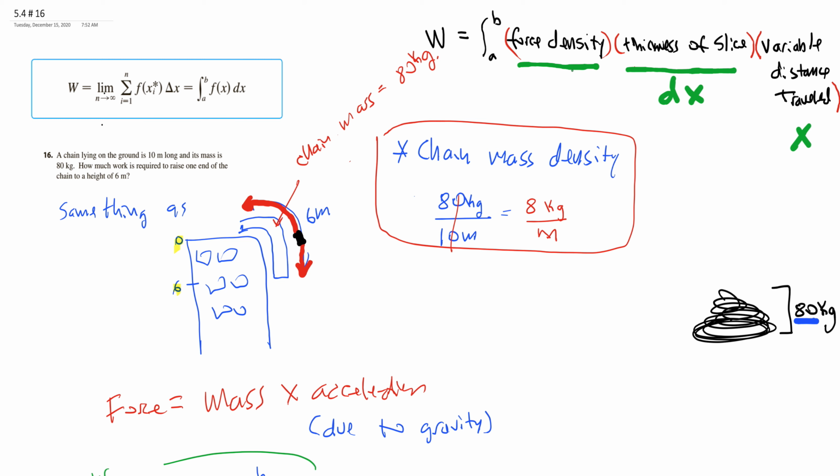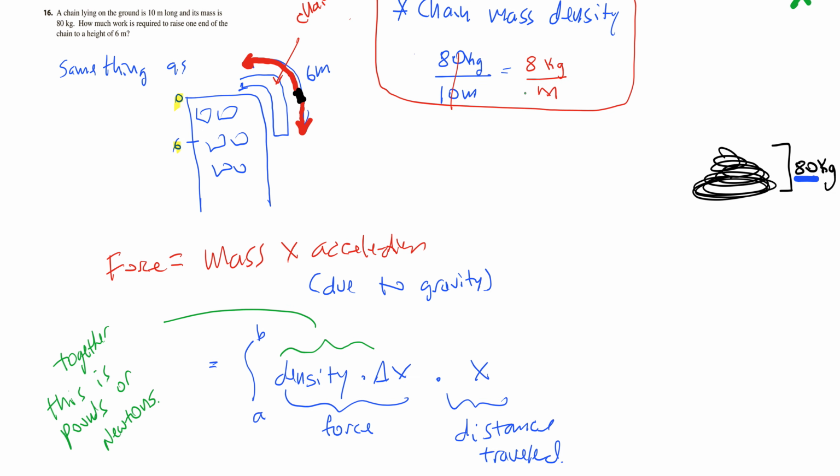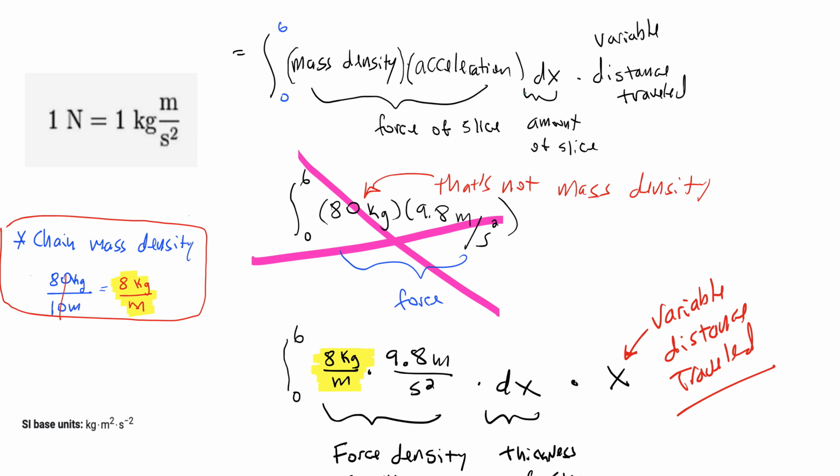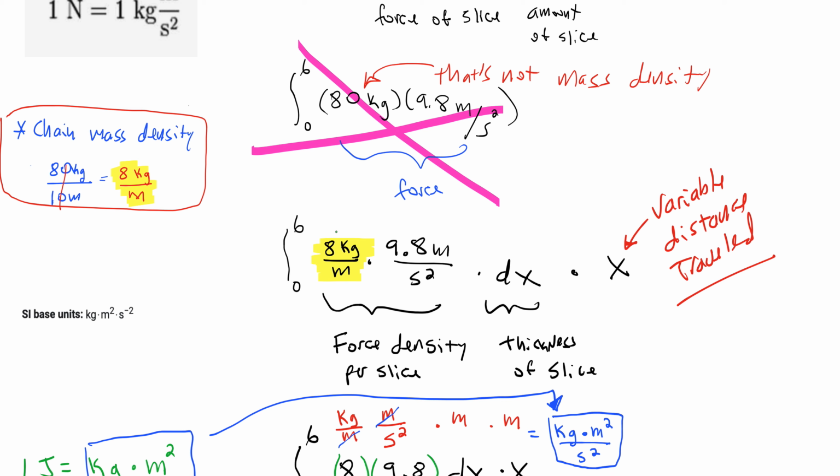So we don't have force density just yet. We have mass density. So we go back down over here, got our mass density, and I put it right here into our problem. What this is right here is acceleration due to gravity, which is 9.8 meters per second squared. That's something that you just have to know.